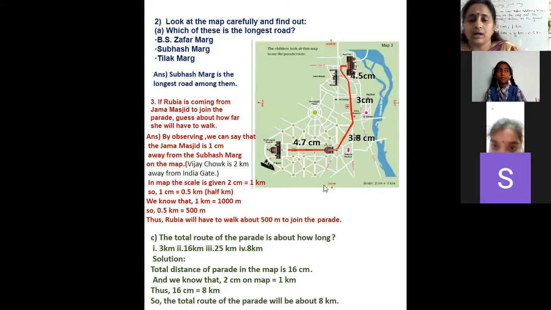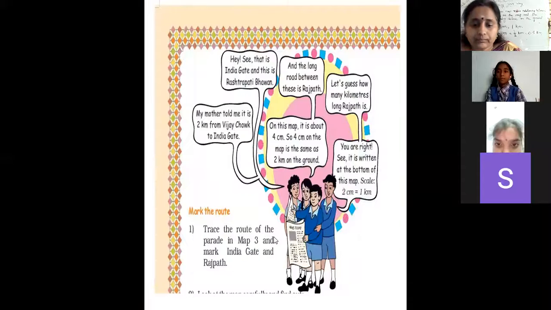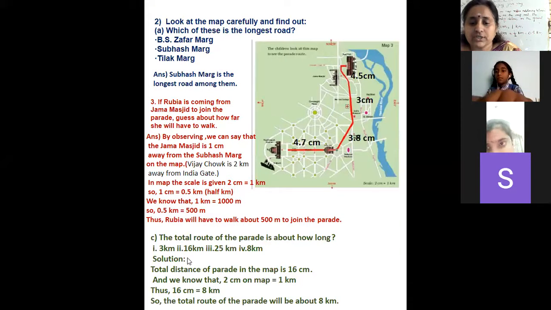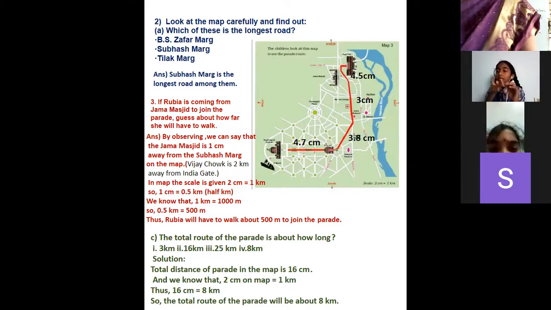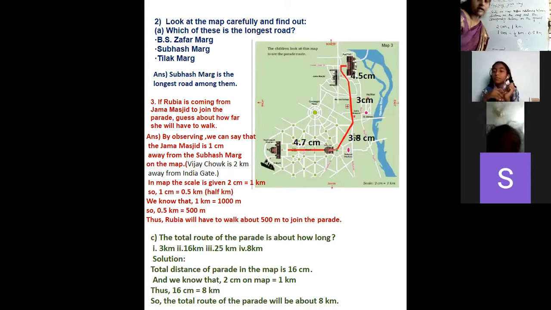Okay. Now, next question. The total route of the parade is about how long? 3 kilometers, 16 kilometers, 25 or 8? So check the route map, from Rashtrapati Bhavan.